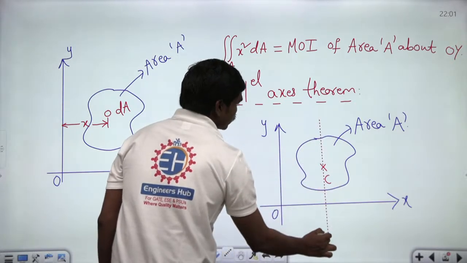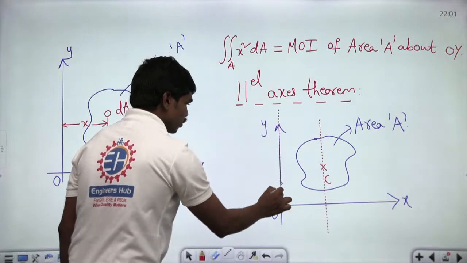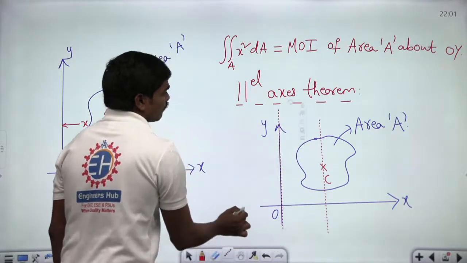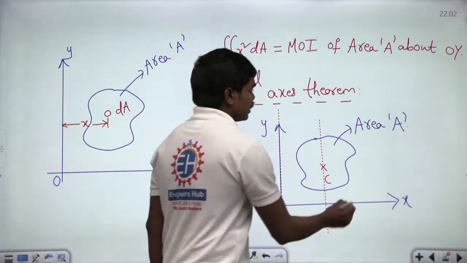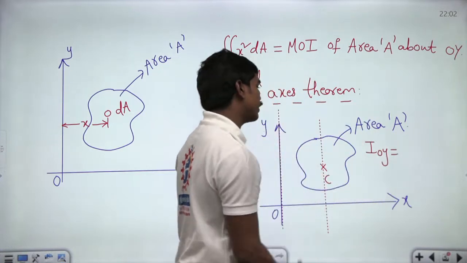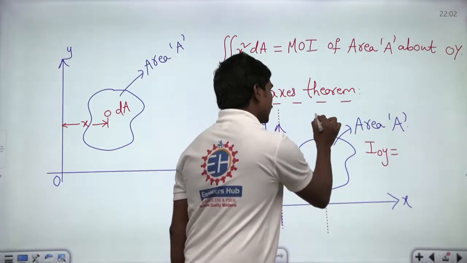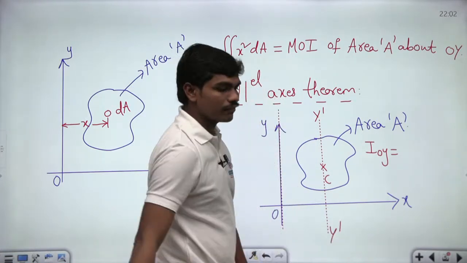So see here, if you take an axis which is parallel to this, and of course also parallel to this OY. Now if you have the moment of inertia about IOY, this will be equal to I about this axis. Let us suppose you call this y dash.